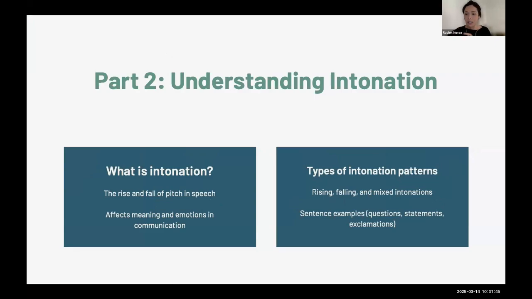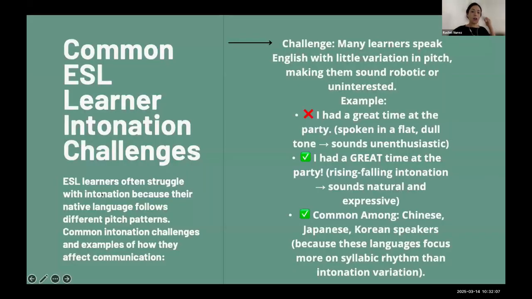It totally changes the meaning, depending on which word we put the stress on. So you have types of intonation patterns: rising, falling, and mixed intonations. You have sentence examples, which would be questions, statements, and exclamations. So let's look at some common ESL learner intonation challenges.